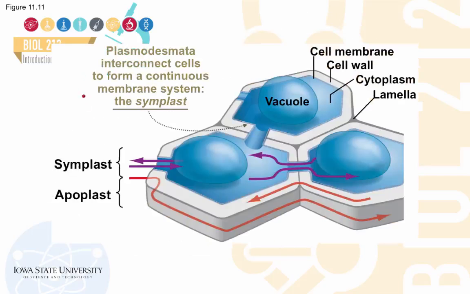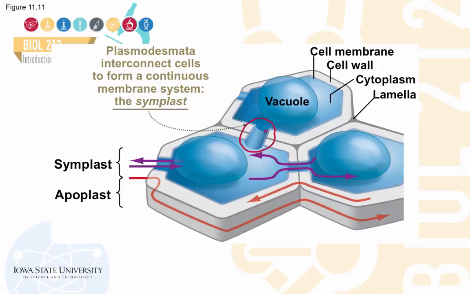As shown in this image, signaling molecules can pass through symplasts, which are connections between adjacent plant cells. These connections are made possible by structures called plasmodesmata, which interconnect cells to form a continuous membrane system, the symplast.